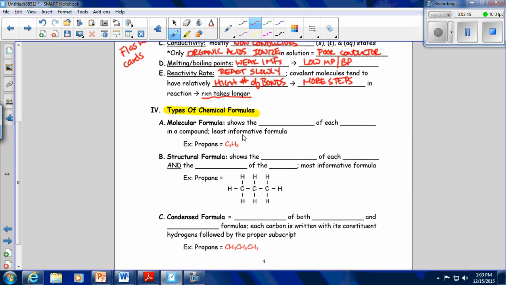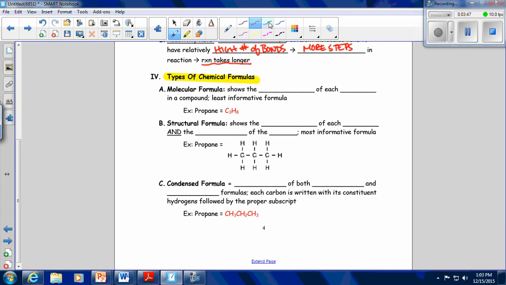Now, the different types of chemical formulas that we're dealing with. You can see that there are 3 of them: molecular, structural, and condensed. Let's talk about molecular first. The molecular formula shows the number of atoms of each element in a compound.